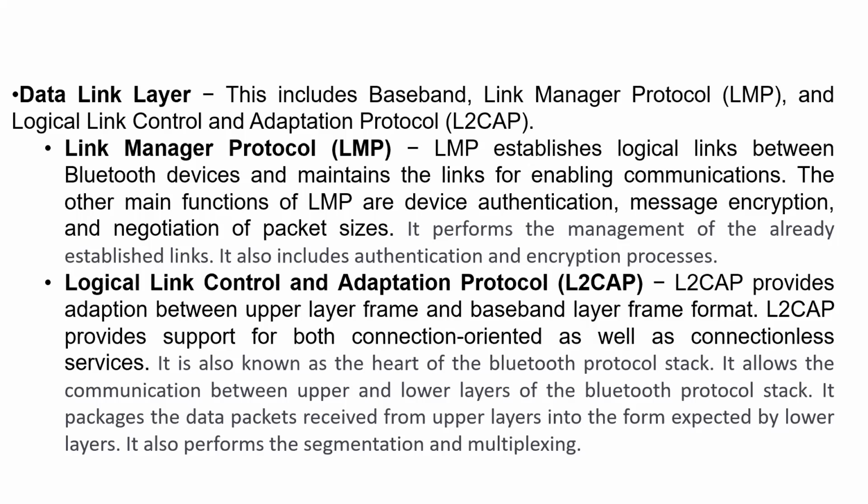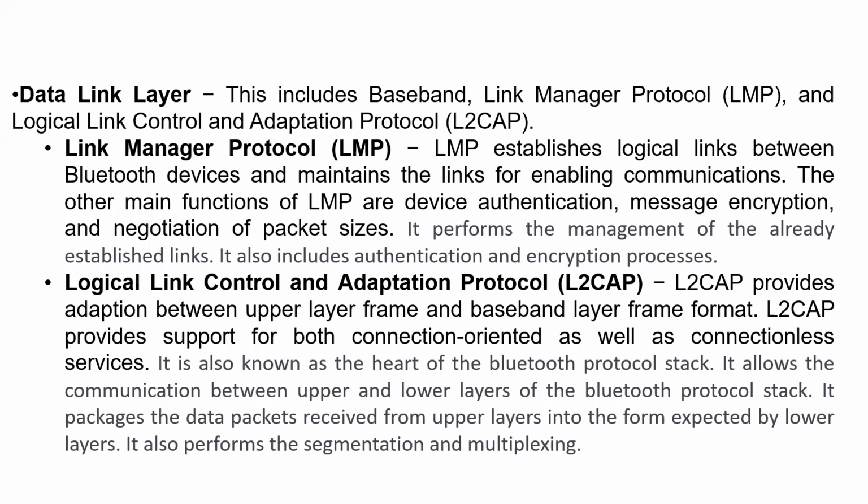So how is it going to establish communication between these upper layers and lower levels? What it does is it receives the packets from the upper layer. The received packets are not in a form suitable for the lower levels, so this layer is responsible for making the data packets suitable for the lower layer.